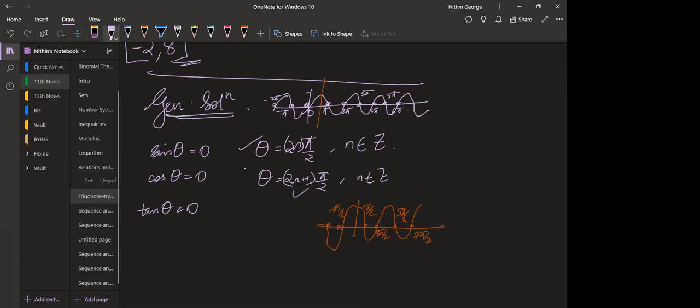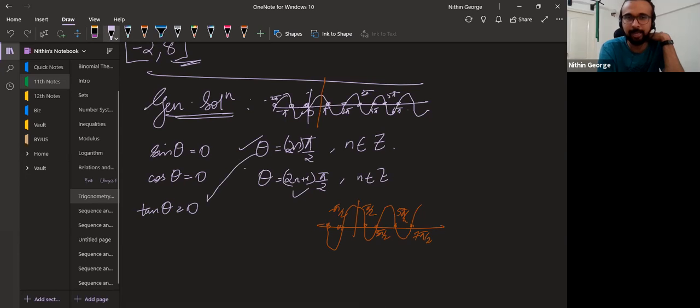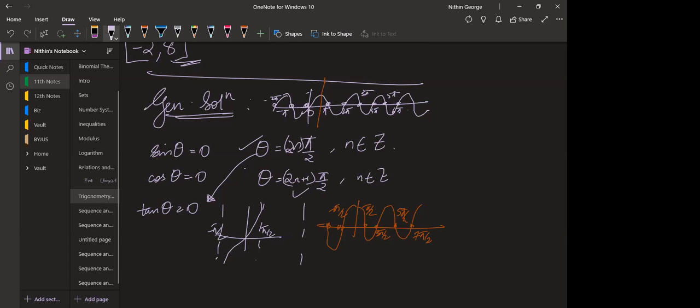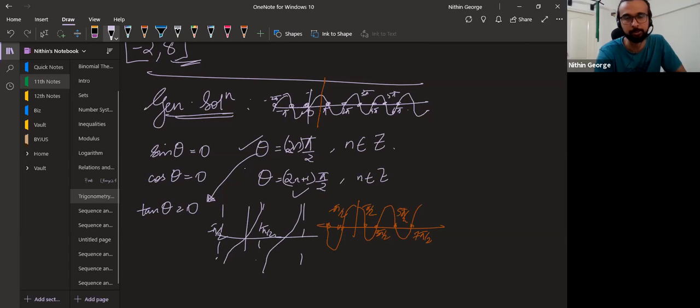n pi, exactly, because tan theta is sin theta by cos theta. So whenever the numerator becomes 0, tan theta also becomes 0. So you just need to check where sin theta becomes 0. And if you want to verify, look at the graph of tan theta. Minus pi by 2 to pi by 2, it goes like this. And then next from pi by 2 to 3 pi by 2, it goes like this.